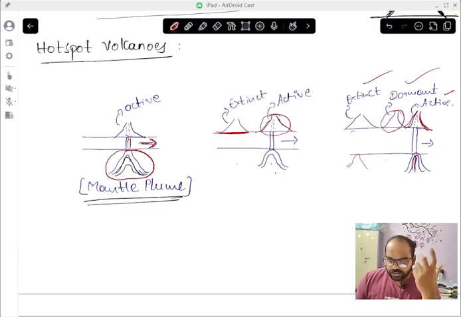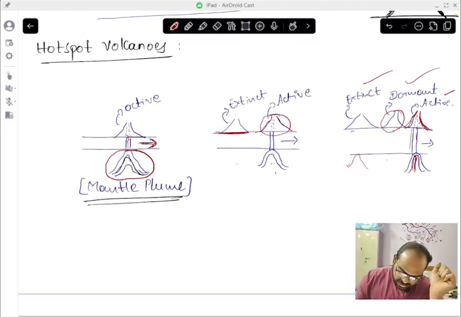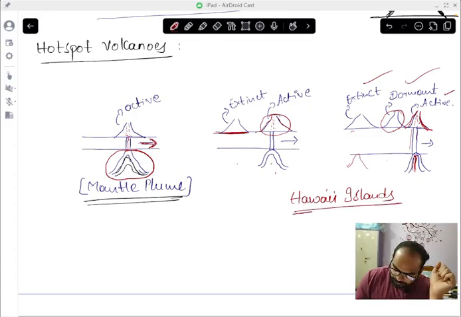After a certain point of time, this active volcano becomes a dormant volcano, and at this mantle plume place, another active volcano will be formed. So this series of extinct, dormant, and active volcanoes are called hotspot volcanoes. Best example is Hawaii Islands.